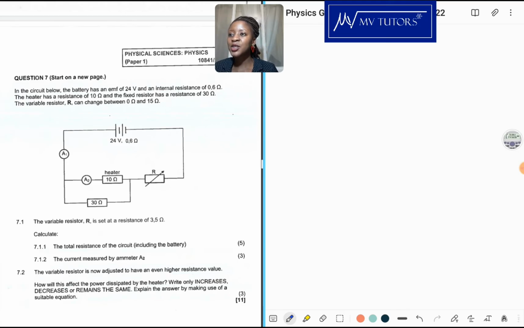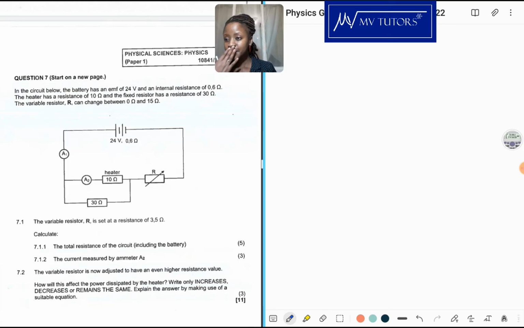So it says, in the circuit below, the battery has an EMF of 24 volts and an internal resistance of 0.6 ohm. The heater has a resistance of 10 ohm and the fixed resistor has a resistance of 30 ohm. The variable resistor can change between 0 and 15.